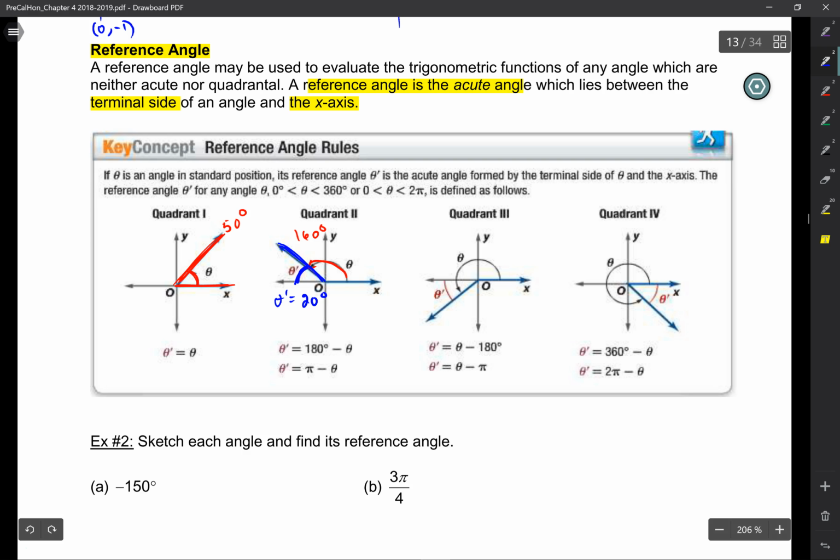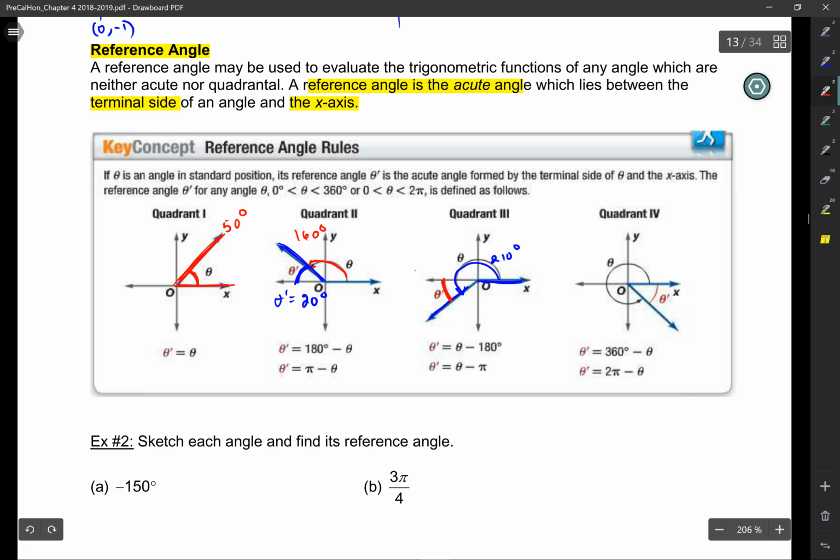Suppose you have an angle of 210 degrees. Your reference angle is between the terminal side and the nearest x-axis. Well, it was 180 until here, you had to go 30 more, so the reference angle is 30 degrees.